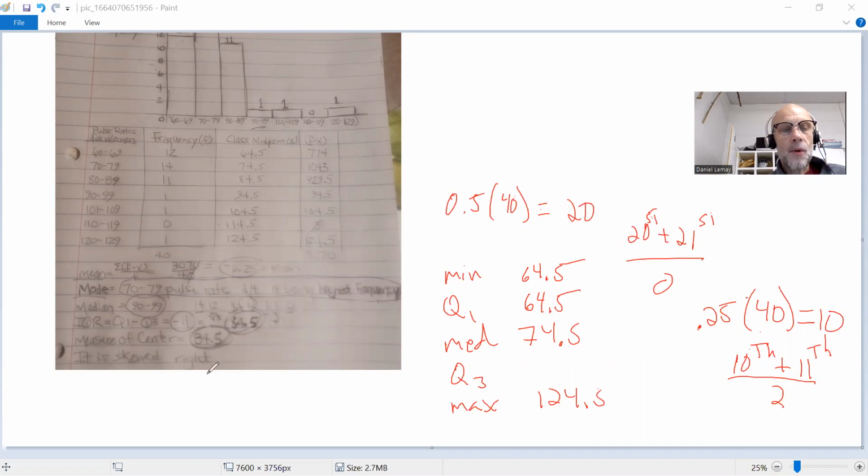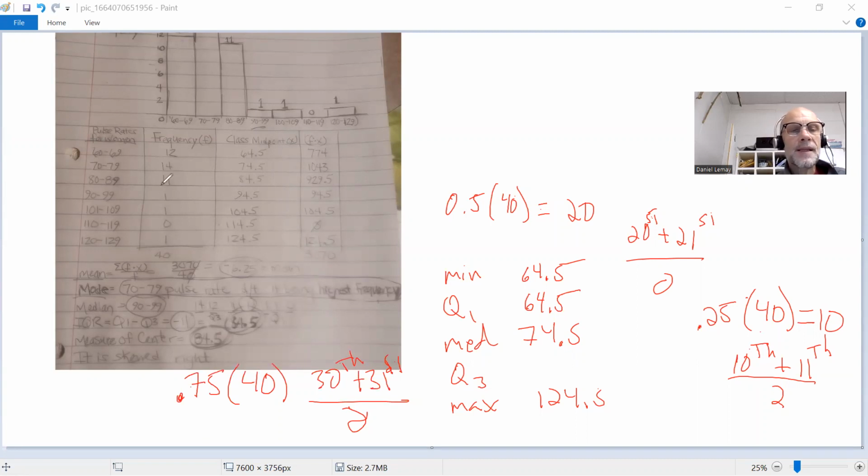And then the upper quartile, that's the 75th percentile. 0.75 times 40 is 30. So we're going to average the 30th and the 31st number, over 2.